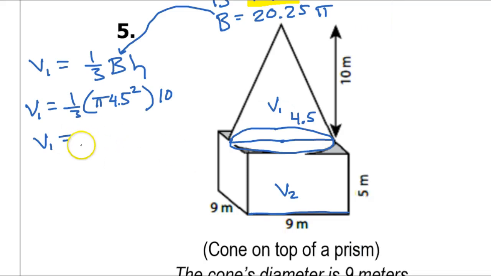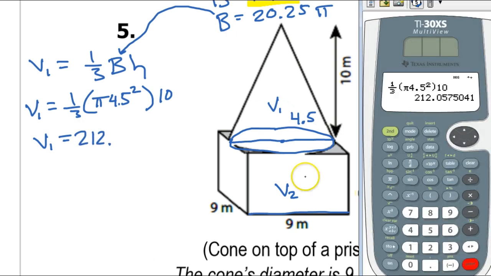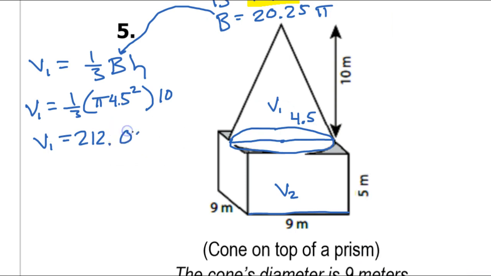So volume 1 is 212.0575. Just write down a bunch of decimals so that your answer will be accurate enough that you won't lose any points.